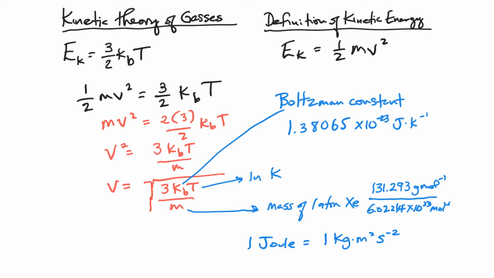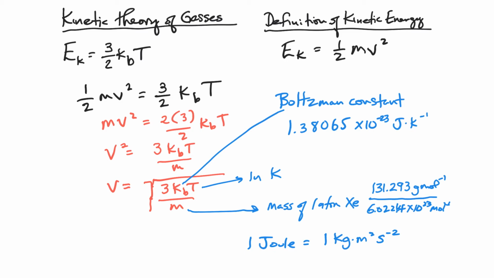We want how far it's going in a certain amount of time. So we're going to change the joule to its equivalent, 1 kilogram meter squared over seconds squared, so that you'll end up with meters and seconds, and then we're going to divide by the mass.